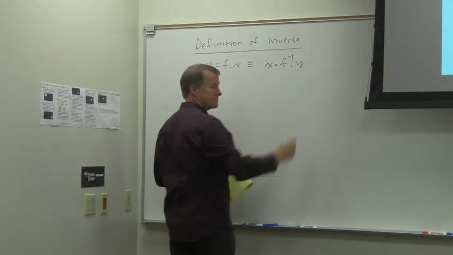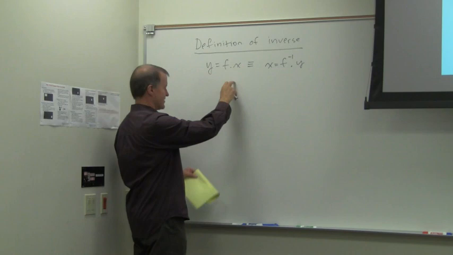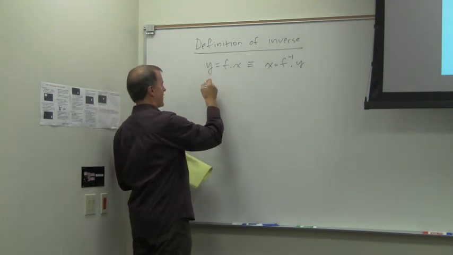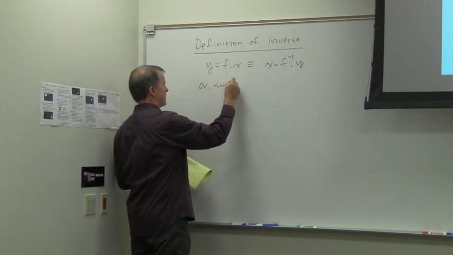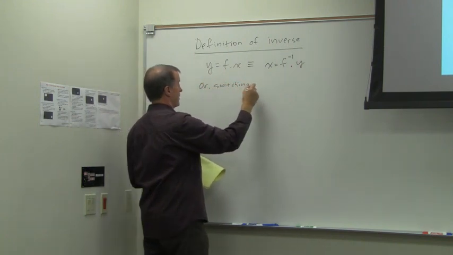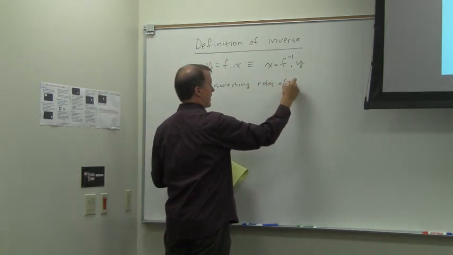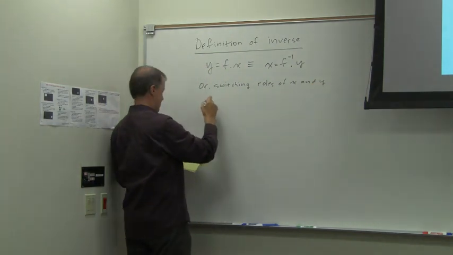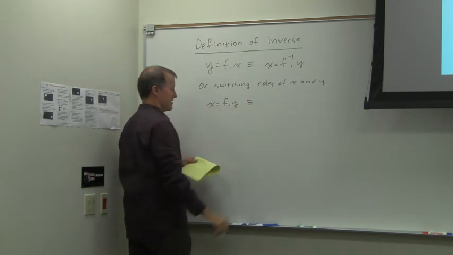Does everybody see that this is the definition? Or you can switch the roles of x and y. Another way to write this is x equals f dot y is equivalent to what?